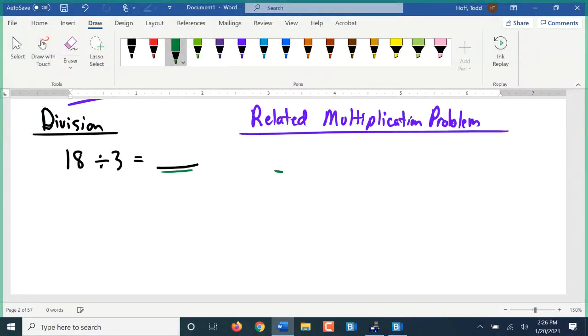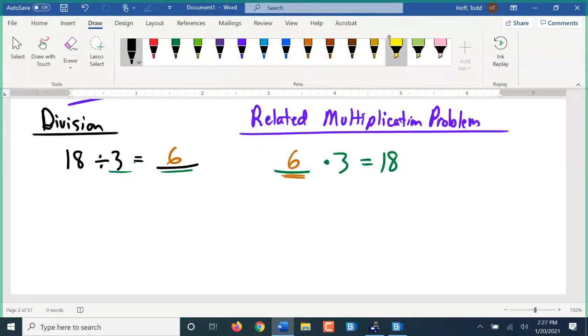Blank times the 3 equals 18. In other words, what number times 3 equals 18? 6. 18 divided by 3 equals 6 because 6 times 3 equals 18. Now we also did yesterday define division in terms of subtraction. 18 divided by 3 equals 6 because we can subtract 3 from 18 6 times, right? That's how we were able to turn it into multiplication and repeated addition.